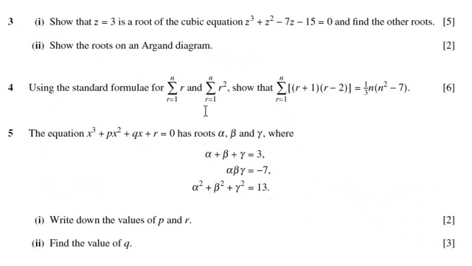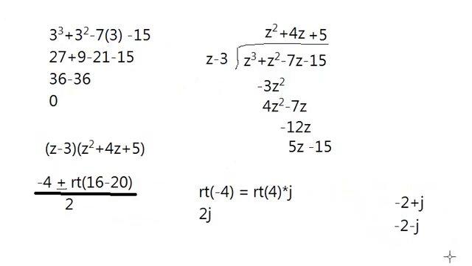Now show the roots on an Argand diagram. Another typical question, and now we would use the graph paper that you have, which I do not have. Well, I do have graph paper beside me, but I can't use it on the computer.